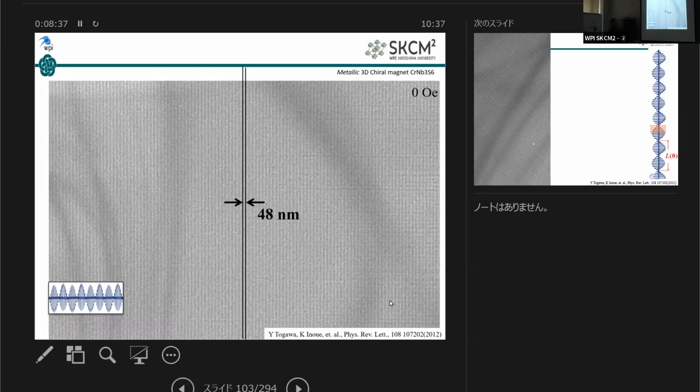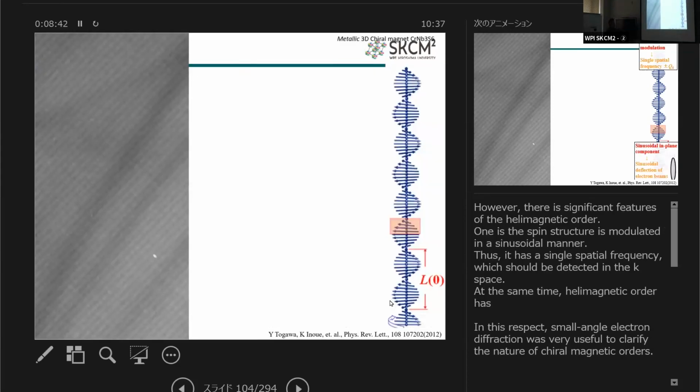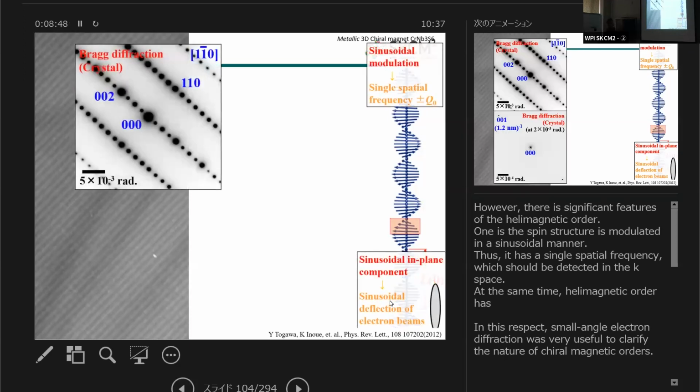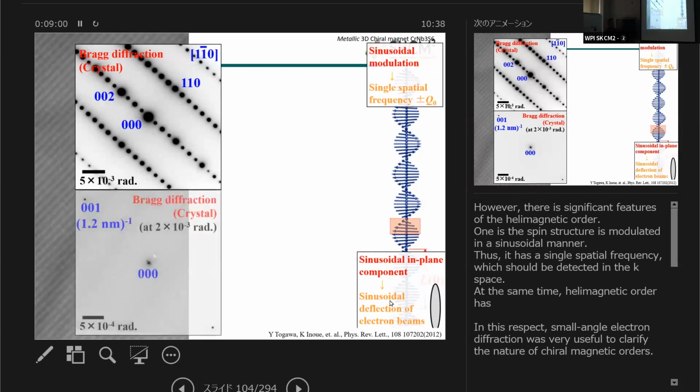There are no branches, no defects. If we measure electron diffraction on this sample, here you can see the C direction. Then we can see the 000, 001, and 002 peaks. The spacing corresponds to the crystal itself.